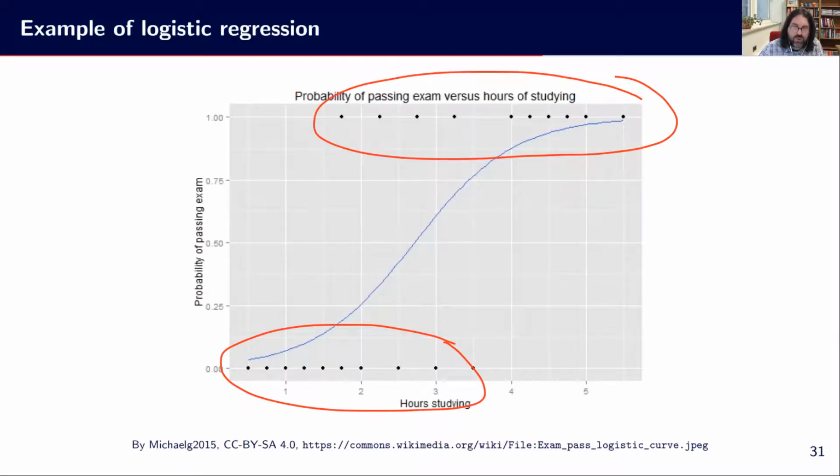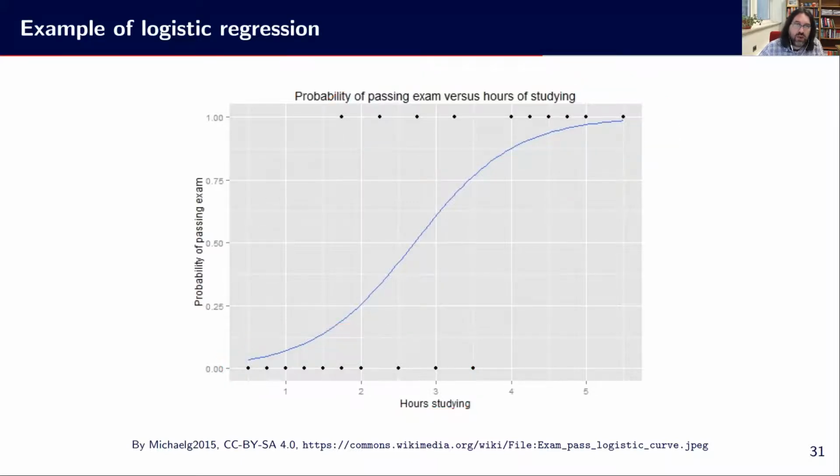So it seems that more studying means better chances of passing the exam. And then modeling this with our logistic regression gets us that function. So basically, that's the probability of passing the course according to the number of hours studied. At over 4 hours, it seems that we are over, I would say, 80% chance of passing the course, according to the small sample that we have.